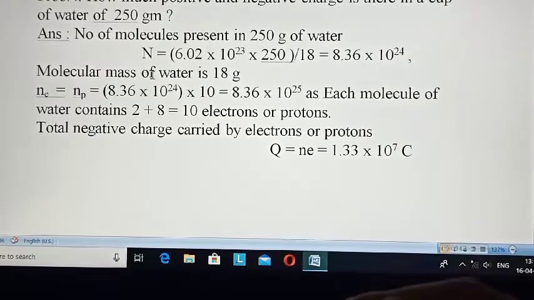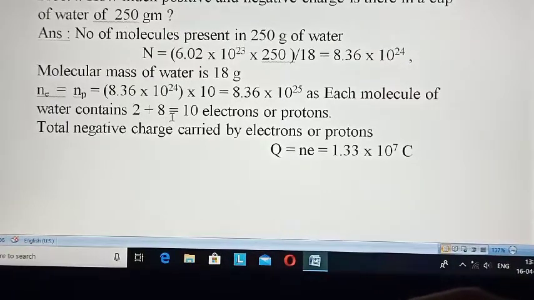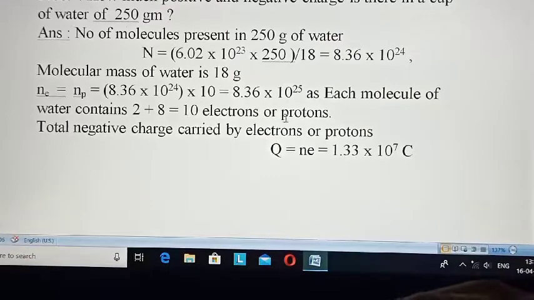Then for the number of electrons or protons present, you have to multiply it by 10, because water contains 10 electrons. Water is H2O, 2 for hydrogen and 8 for oxygen, so total 10 electrons or protons.